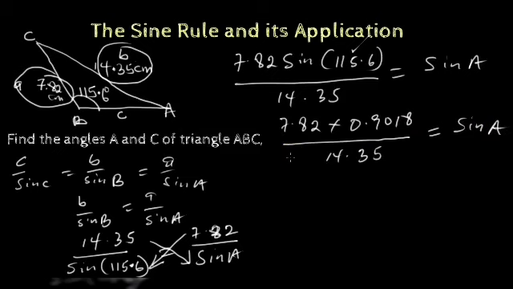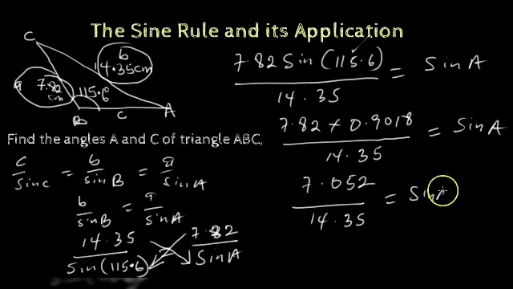So if you multiply it out, 7.82 times 0.9018 becomes 7.052 over 14.35 to be equal to sine A. So sine A now is equal to 7.052 divided by 14.35. That's equal to 0.4915.